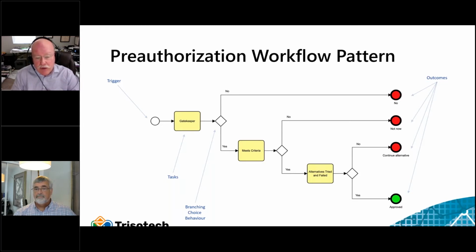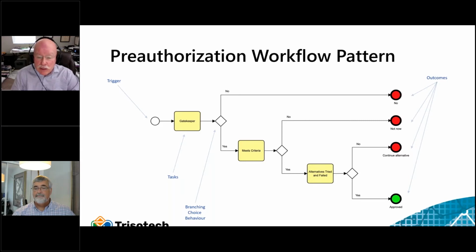If it applies, then the patient proceeds. If not, the patient exits. Next, there's a decision to say, does the patient meet the criteria, the medical necessity, the disease severity status required for the procedure to proceed? If yes, the person proceeds. If not, the person, again, exits.